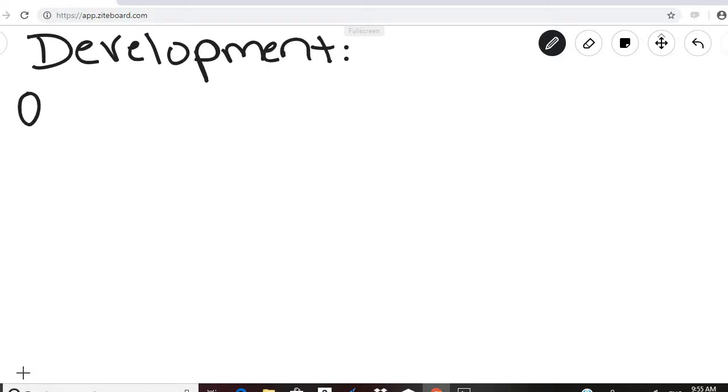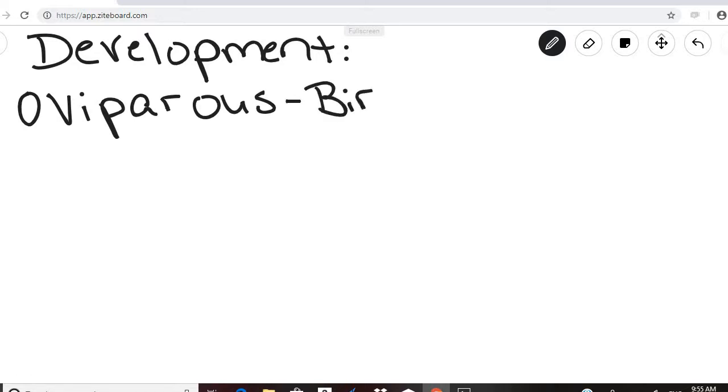The first one is called oviparous. The types of animals that have oviparous development are birds.